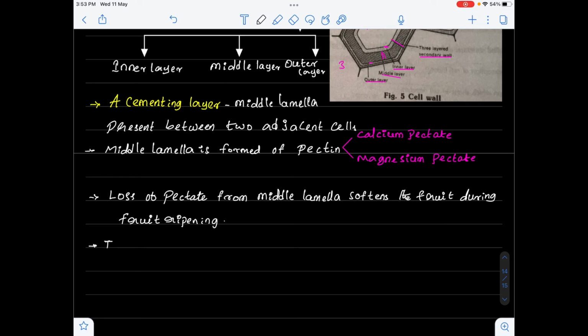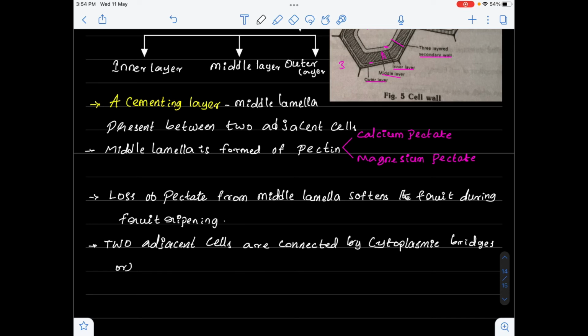And I have already shown that two adjacent cells are connected by cytoplasmic bridges. They are also called cytoplasmic strands.